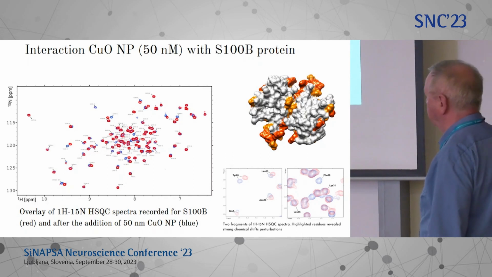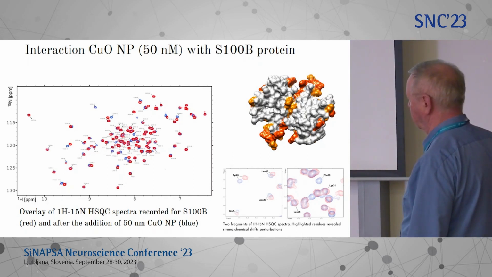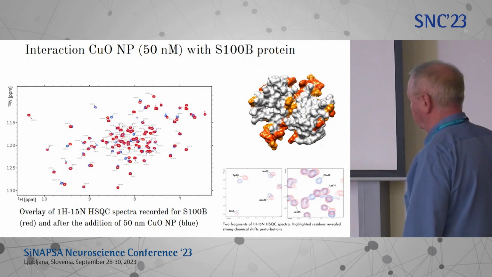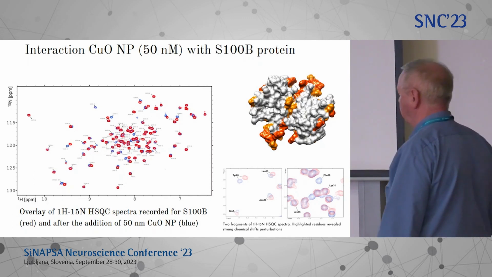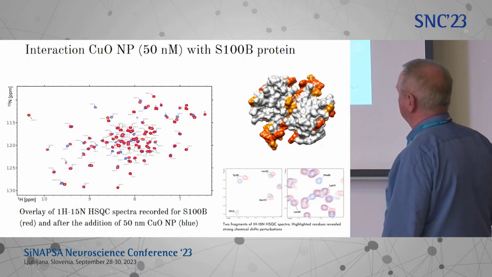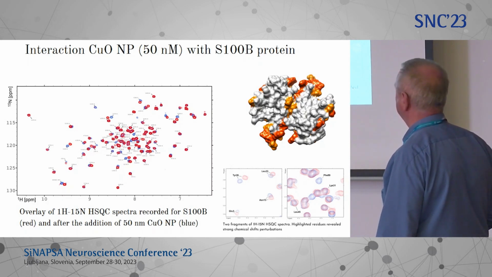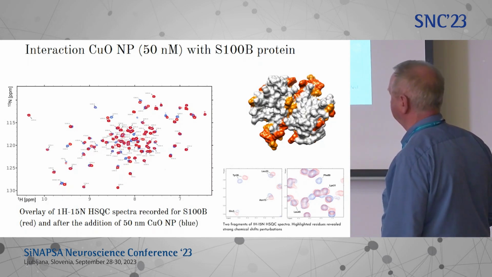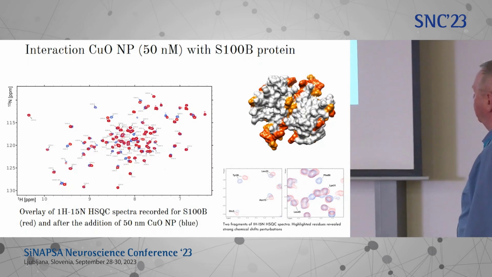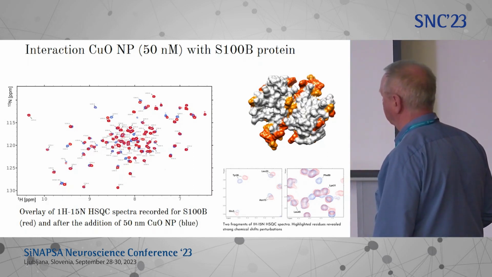We would like to check whether the complex between S100 beta and A beta peptides forms under saturation with such nanoparticles, but at the moment we didn't have a good sample, so we only checked the nanoparticles.